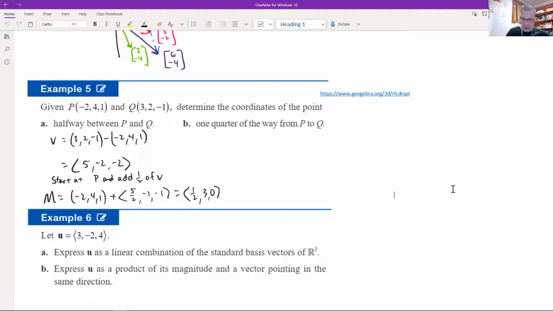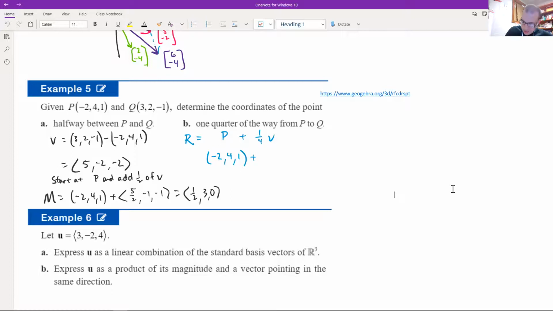And if we wanted to go 1/4 of the way from P to Q, I don't want to name it Q. I was going to name it Q for quarter, but let's call it R for quarter. Again, we would start at P, and the only thing that would change is, well, here, let me move this down because I should show you the general form of it first. But the idea is P plus 1/4 of v this time.